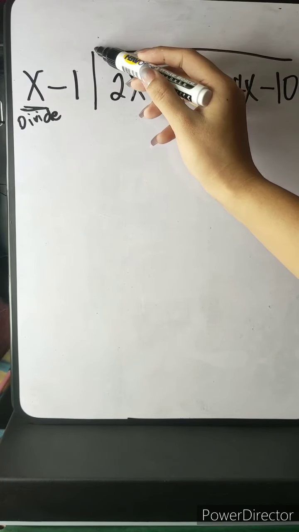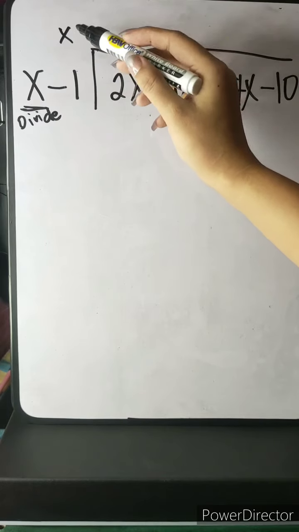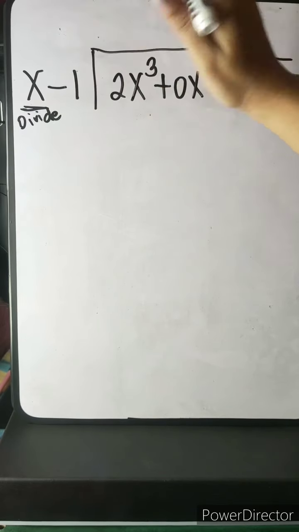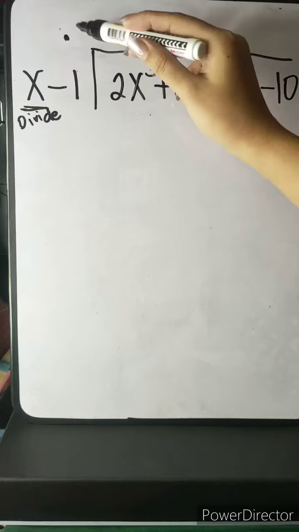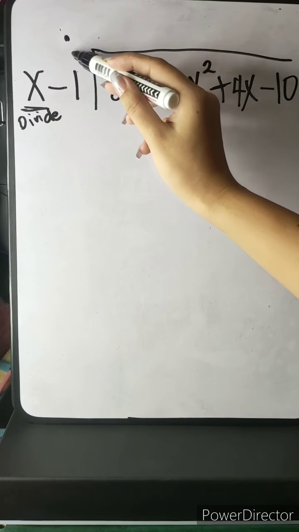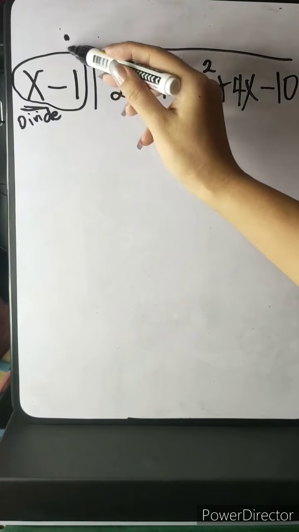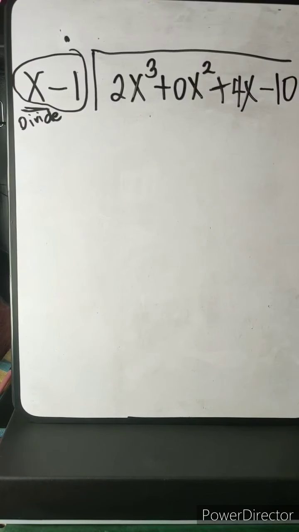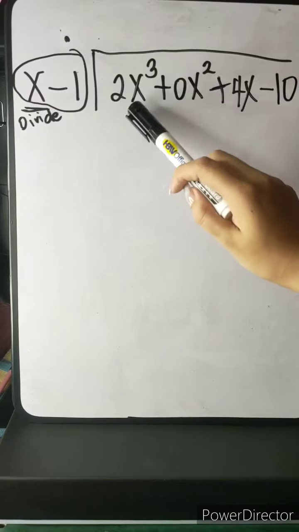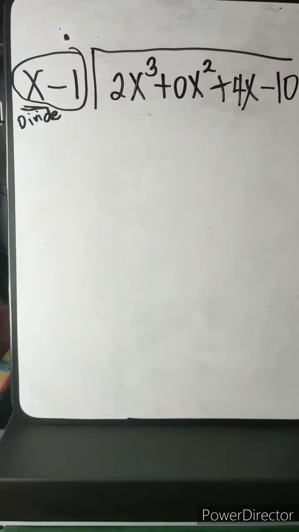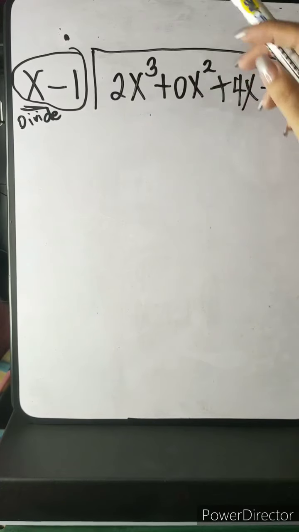Pero kapag i-multiply na natin pabalik, we will be multiplying on all terms. Again, pag nag-divide po tayo, i-divide lang natin to using the first term. Susulat natin yung answer dito, or kung saan siya nakatapat.